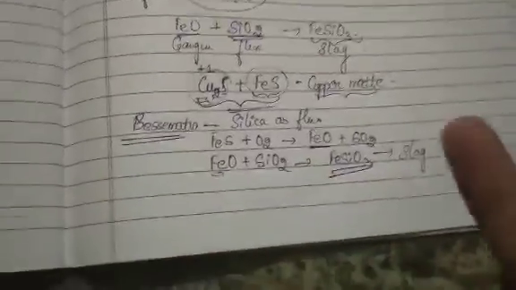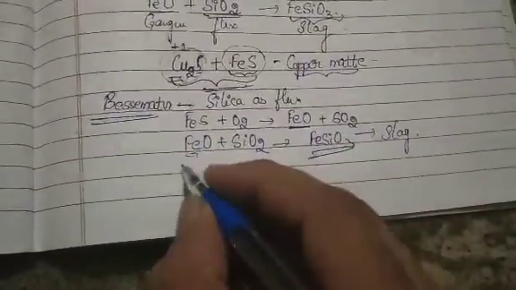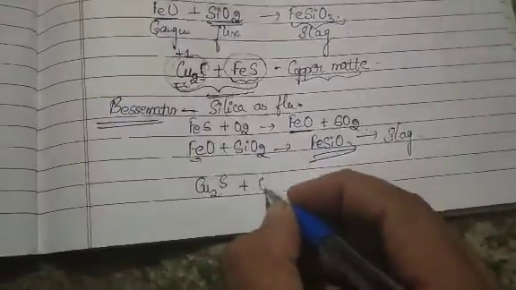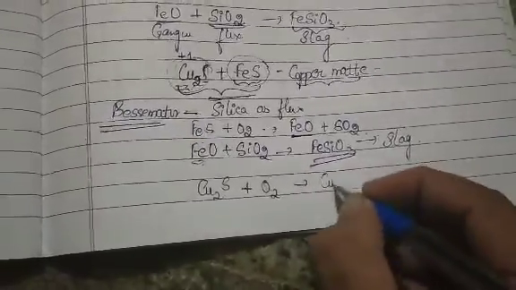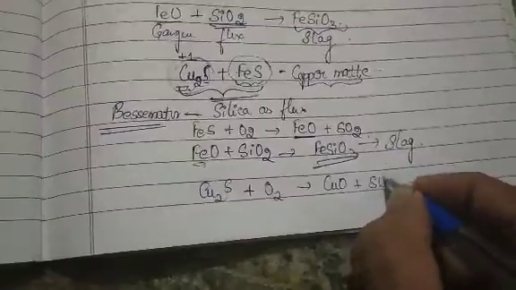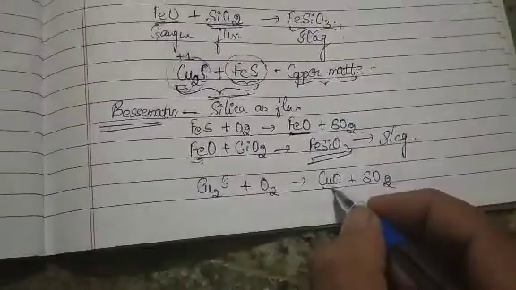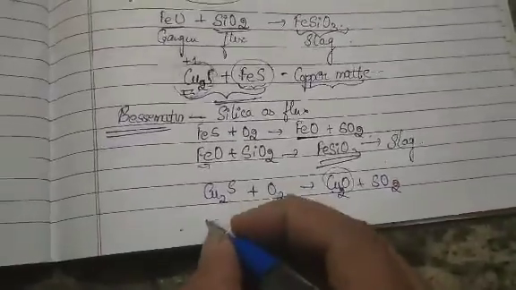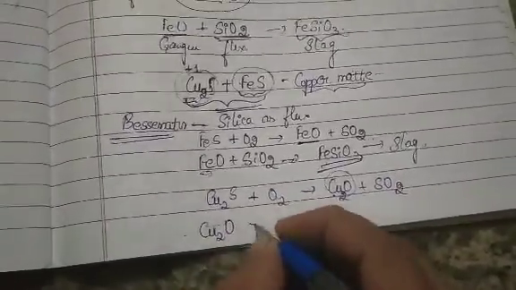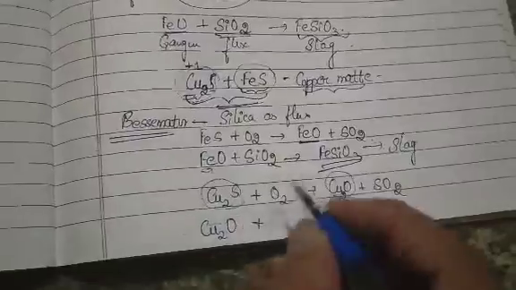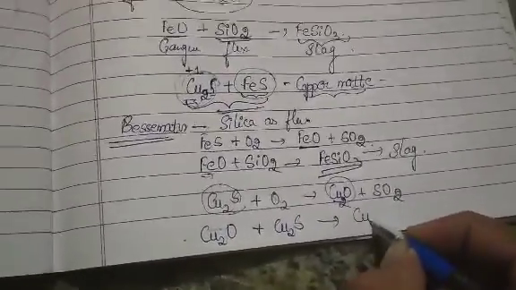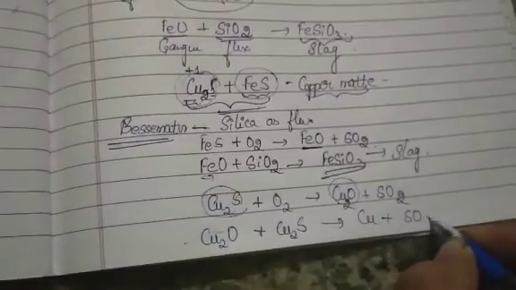When you blast the hot air in that converter, part of your Cu2S gets converted to cuprous oxide plus SO2. Then this Cu2O once again reacts with the remaining part of the Cu2S to give Cu plus SO2.